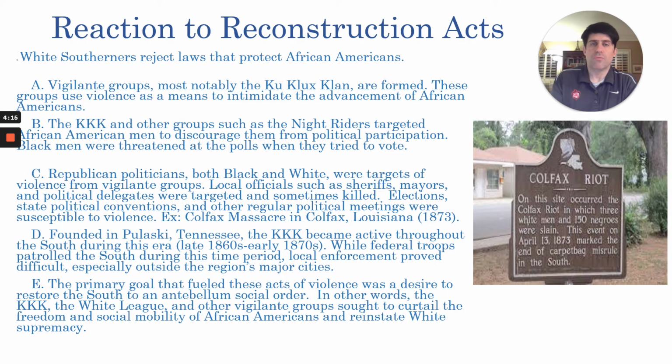African American men were able to vote in elections in the late 1860s, early 1870s, and as a result, we saw a dramatic rise in political participation among African American men in the U.S. That included men running for office, as 14 black men were elected to the U.S. House of Representatives during this time, but also at the local level with state and regional and county offices and things of that nature, as well as participating in political conventions, being delegates to state party conventions, for example, being delegates to perhaps the Republican National Convention as well.